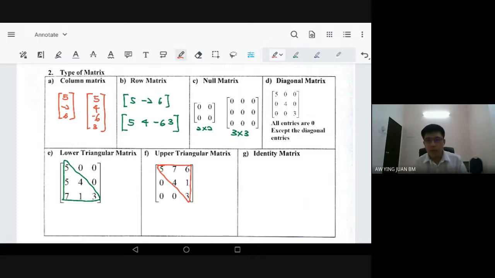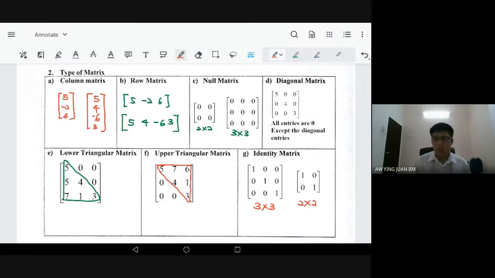Kalau dia memenuhi 3 kali kosong ni, automatik dia adalah upper triangular matrix. Terakhir sekali iaitu identity matrix. Di sebelah sini kita ada order 3x3 identity matrix, kita ada 2x2 identity matrix. Dan biasanya kita tulis simbol dia adalah capital I untuk topik matrices untuk identity matrix.